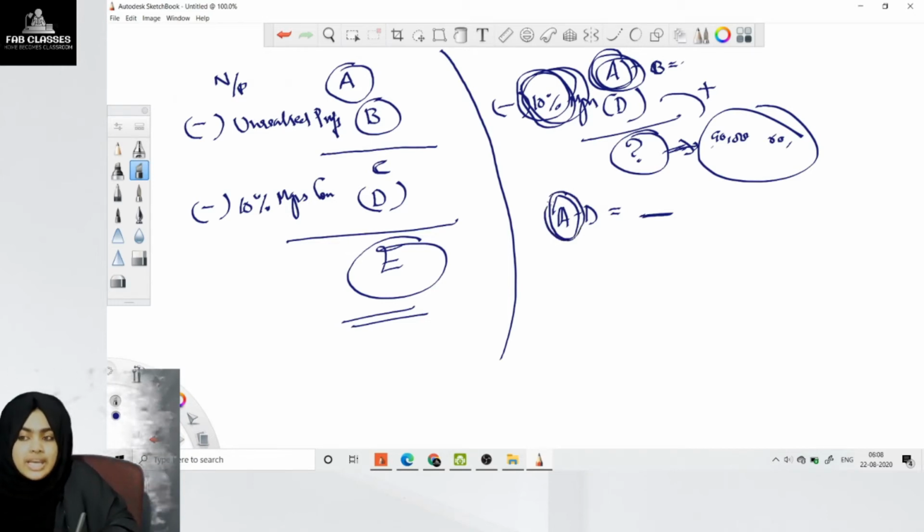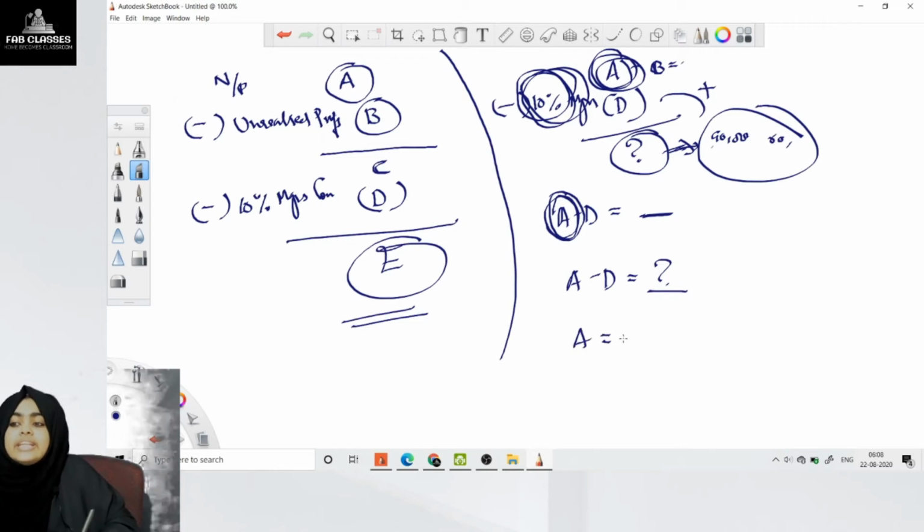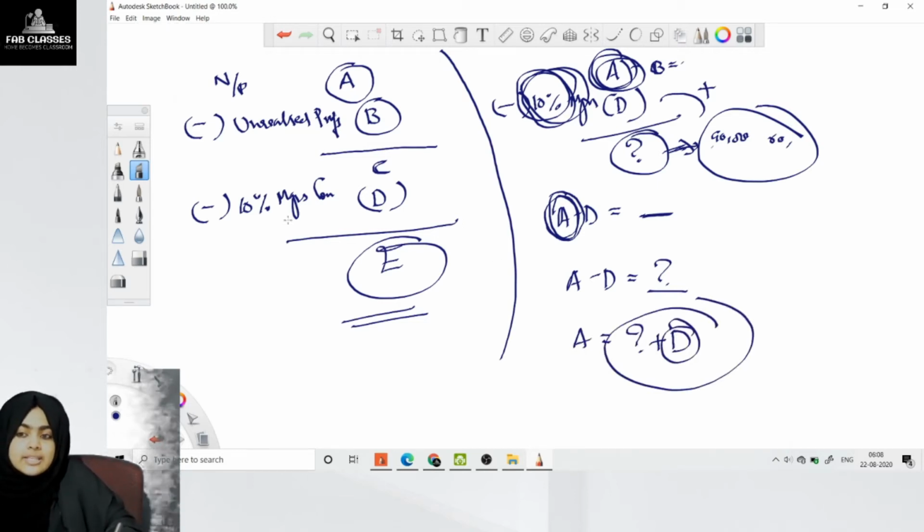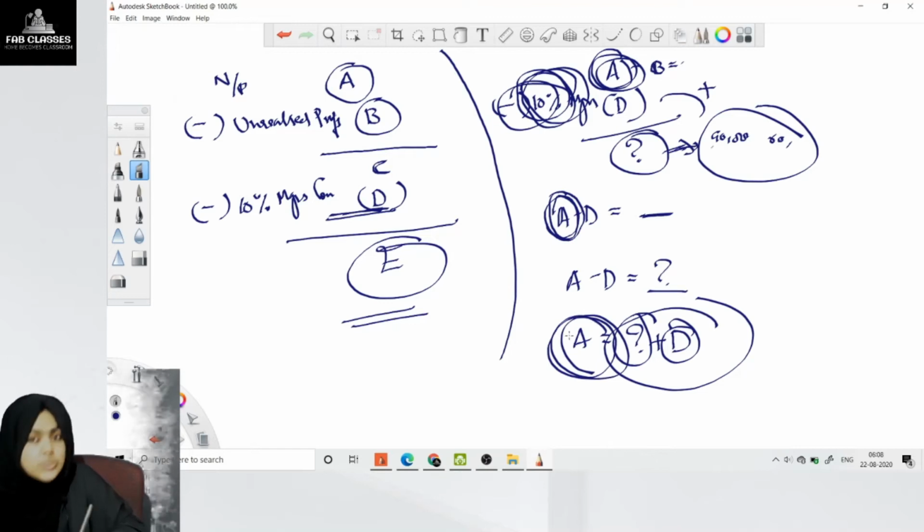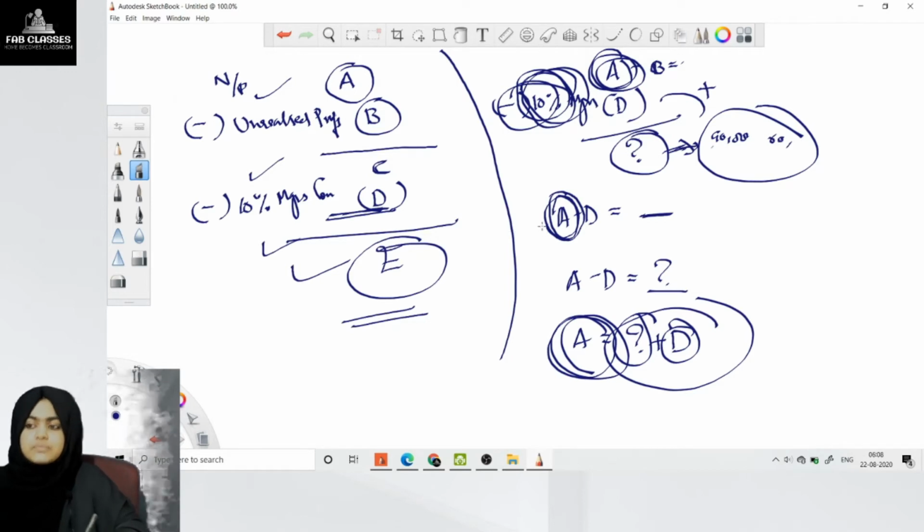They have given us the A minus D value. So if we want A, we should add back this 10% commission, this D, which they subtracted from the given value, and then we will obtain A. Once we get A, we can follow this procedure and we will arrive at the answer. So let's prepare the solution.